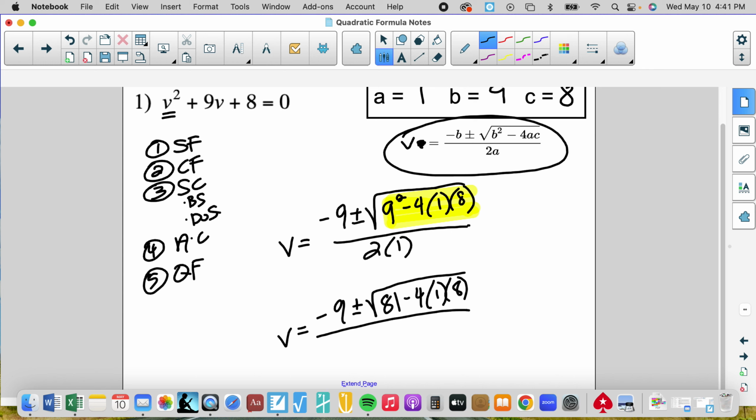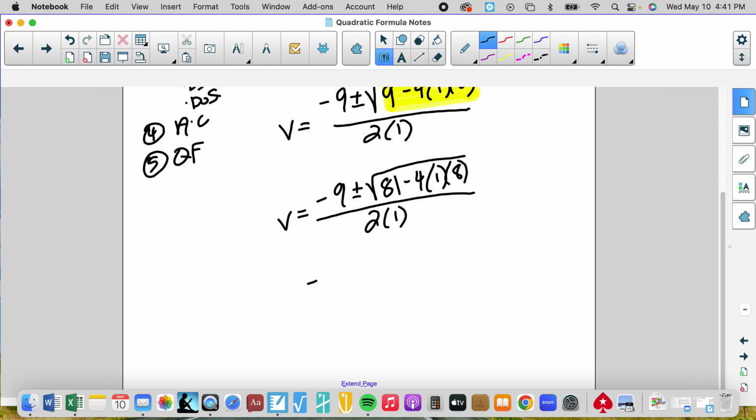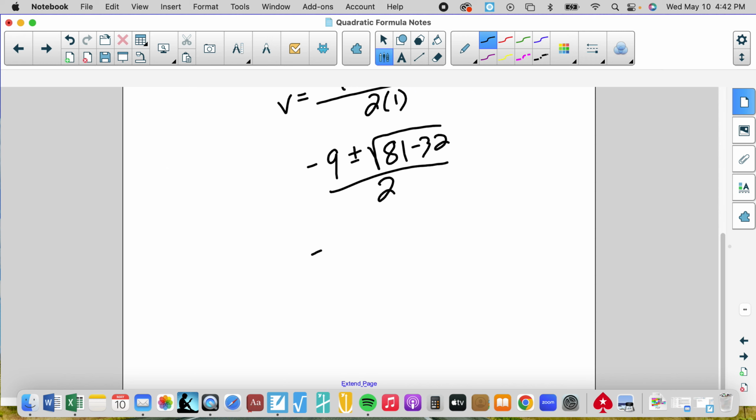And now we do it over 2 times 1. Yes, we can simplify some of that. -9 plus or minus 81. Now -4 times 1 times 8 is -32, over 2 times 1 is 2. -9 plus or minus 81 minus 32. That's going to be 49 over 2.